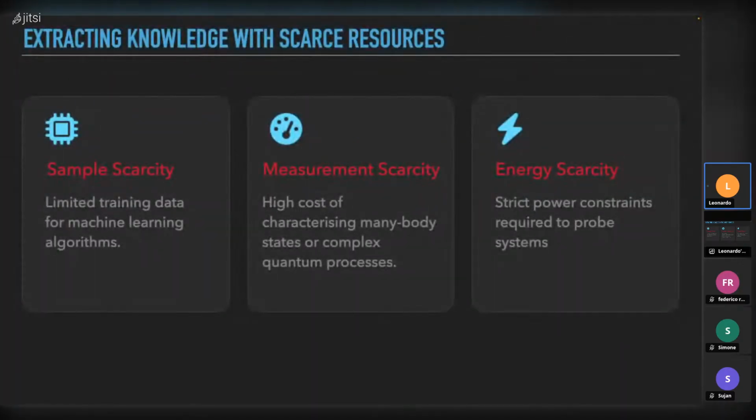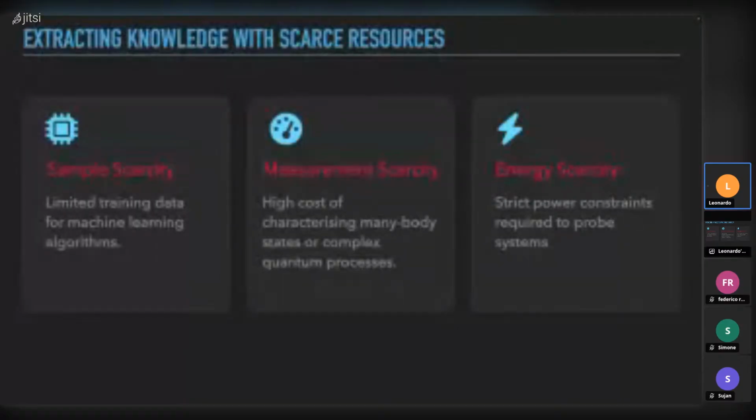This is also true for whatever machine learning technique that you are using. But when you are dealing with quantum systems, you have another problem, which is that you have to first extract information from your quantum system. The way you extract information from the quantum system is via some measurement. If you are dealing with many-body systems, then there is a high cost in characterizing those systems, and typically the amount of measurements that you perform is not enough to characterize that system.